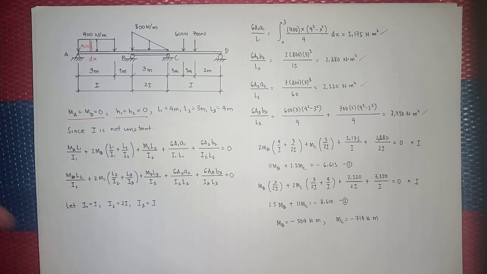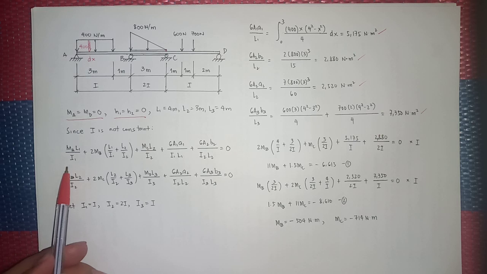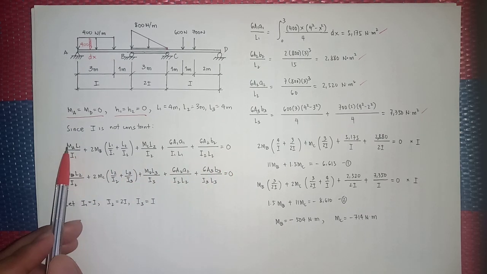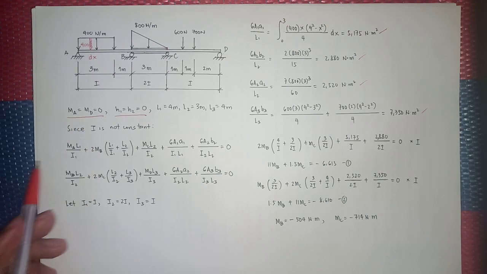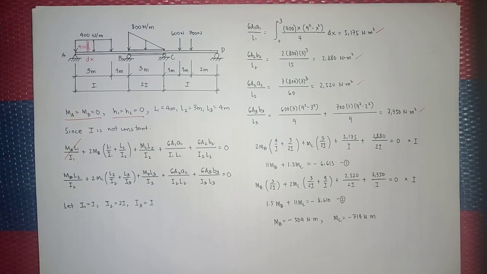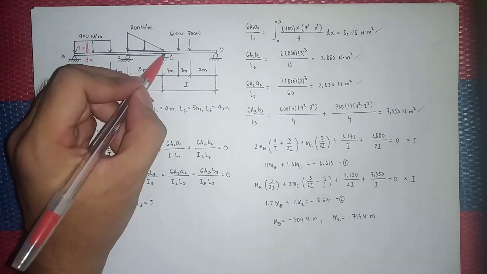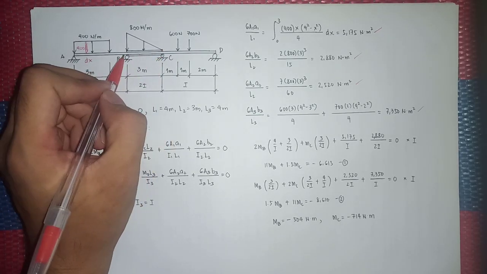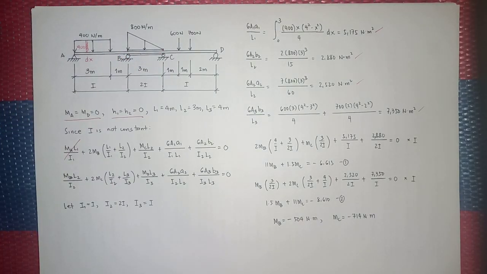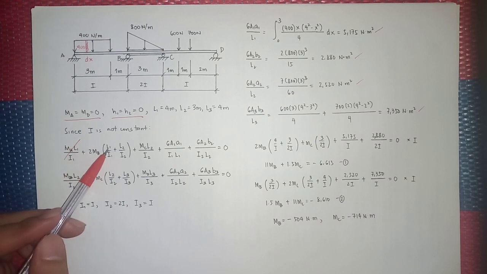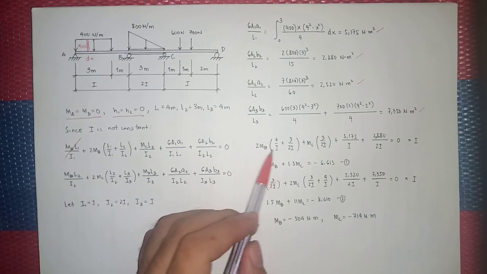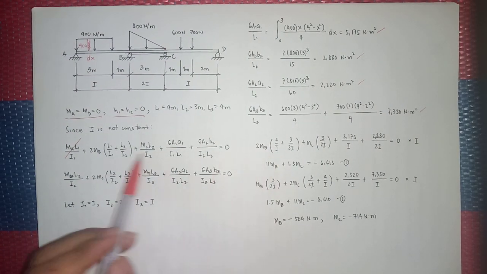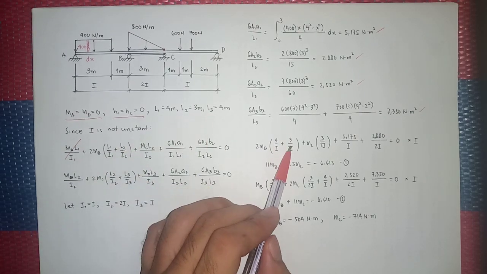Okay, so gamitin muna natin tong unang 3 moment equation na to. Okay, so we have MA L1 over I1, but since MA is 0, mawawala to. Okay, yung MB tsaka MC, dahil nasa gitna yan or interior supports yan, definitely mayroong moment dyan. Okay, so we have 2MB, L1 is 4, so sinubstitute natin to dito. I1 is I, nakalagay yan dito. L2 is 3 meters, nilagay yan dito.